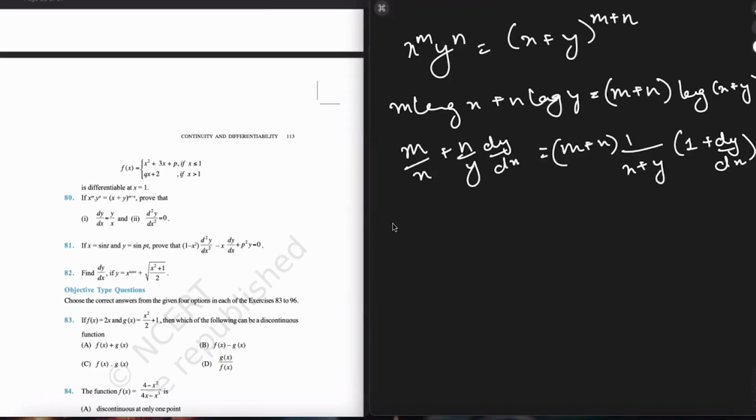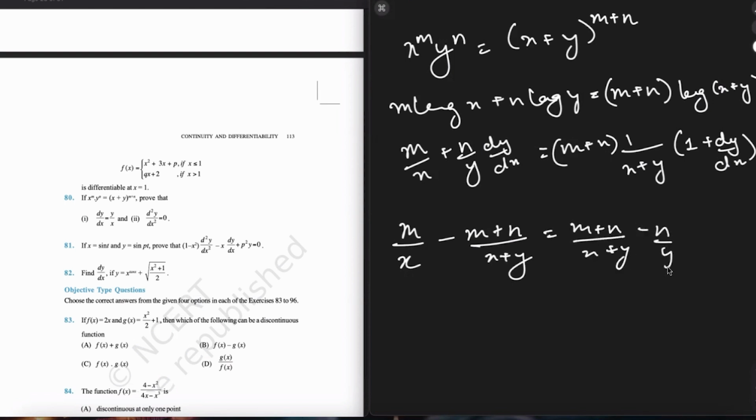Now writing it down, m upon x minus (m plus n) upon (x plus y) is equal to (m plus n) upon (x plus y) minus n upon y, into dy by dx.